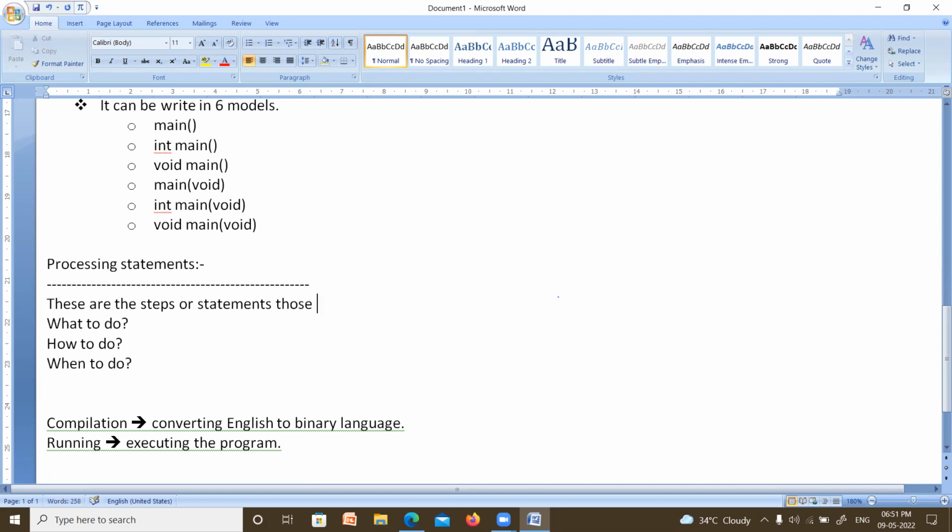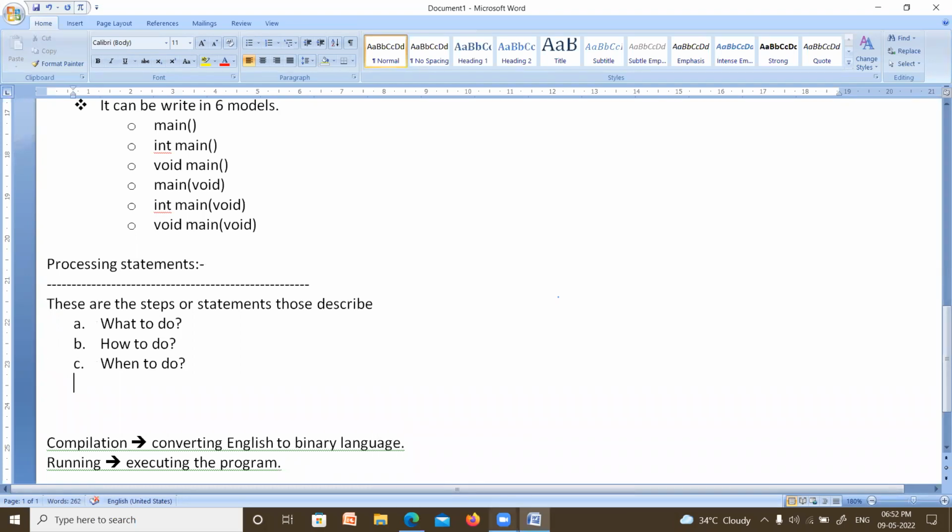These are the steps or statements that describe, meaning explain, what to do, how to do, and when to do, in order to solve a problem. Why do we write this code? To give a solution to a problem.